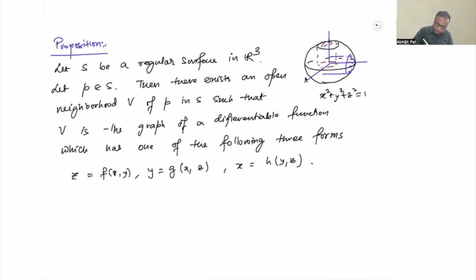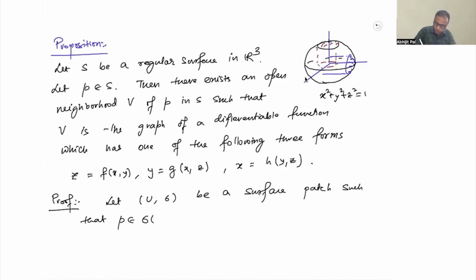Okay, so what is the proof of this? Let σ: U → R³ be a surface patch such that P belongs to σ(U). Now σ is a map from U to R³, so it will have three coordinates: x(u, v), y(u, v), z(u, v).